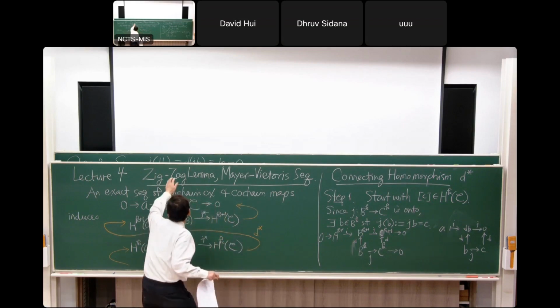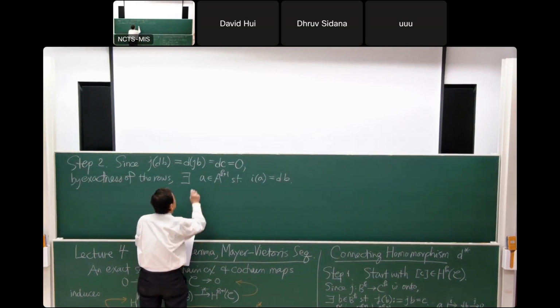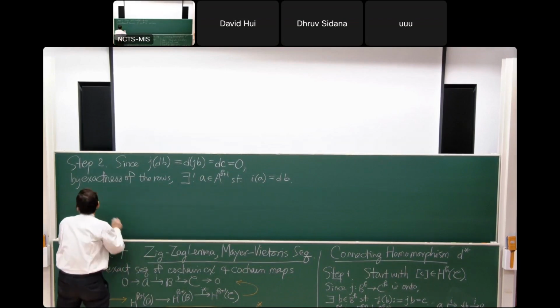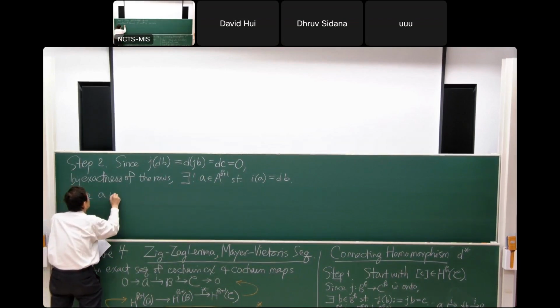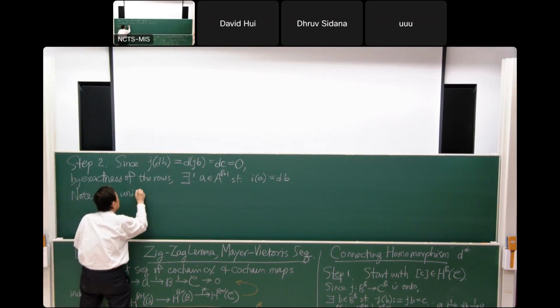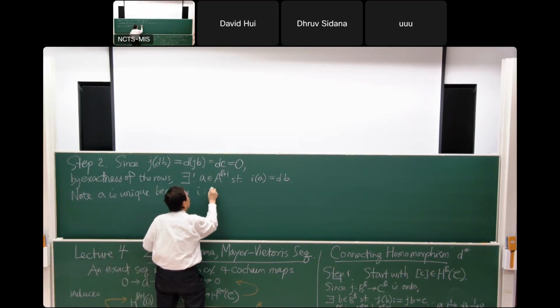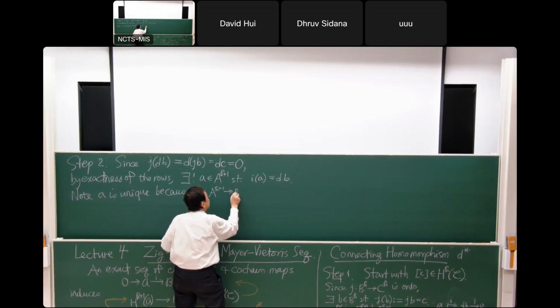So there is a unique A that maps to dB, okay? So note, A is unique because I is injective.